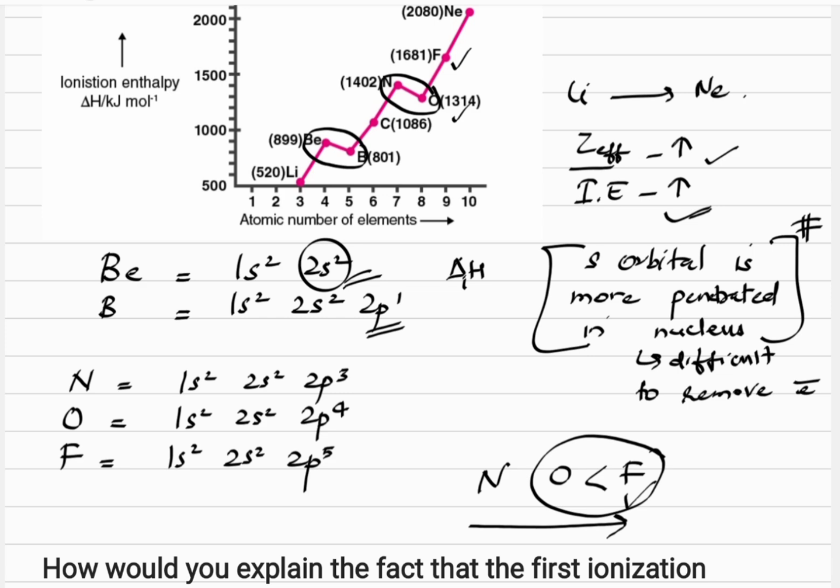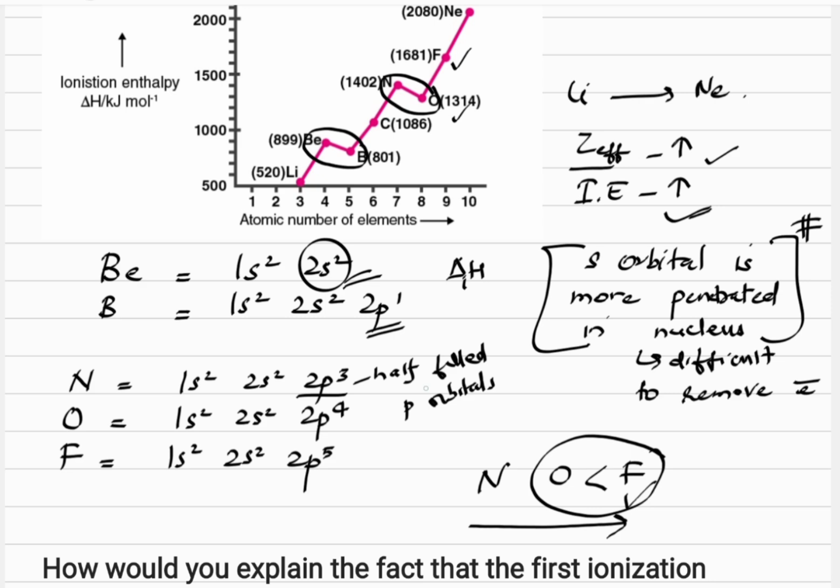That is because here in nitrogen we have 2p3 electronic configuration, which is half filled p orbitals. And like I said, half filled orbitals impart extra stability. That means it's going to be difficult to remove an electron from half-filled or fully filled orbitals, but only in case of p, d and f orbitals.